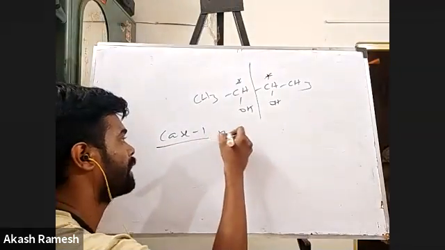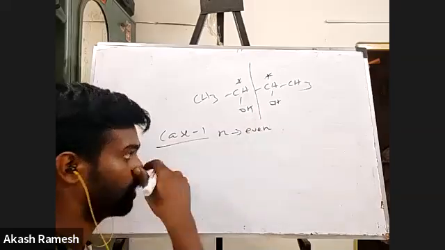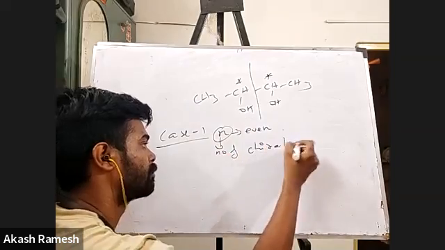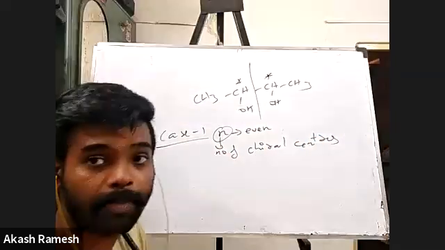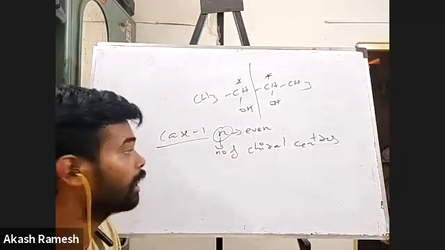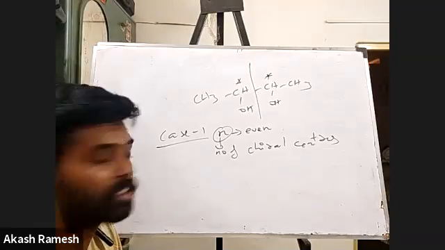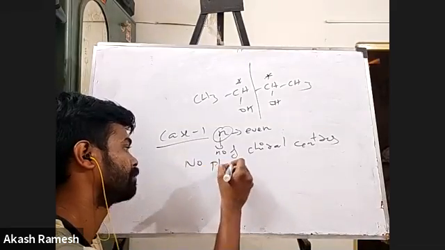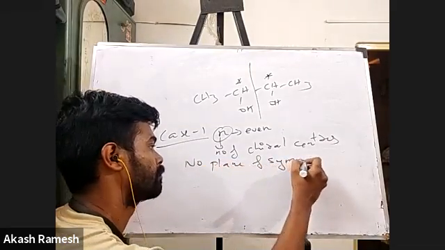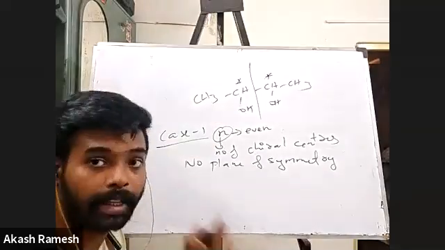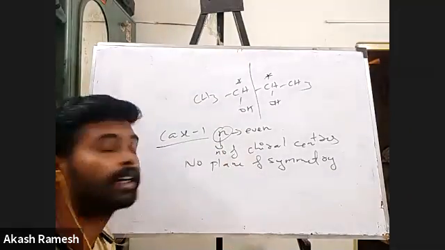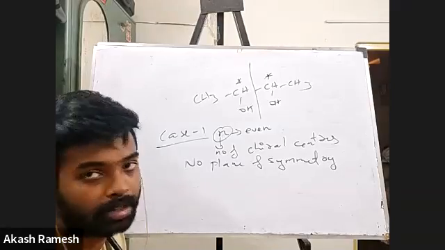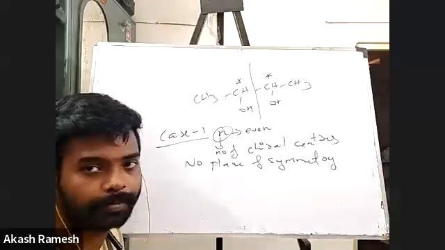First, case 1. What do you mean by n? n is the number of chiral centers. Case 1: n is even, that is, the number of chiral centers is an even number, say 2 or 4 or 6, and there is no plane of symmetry.